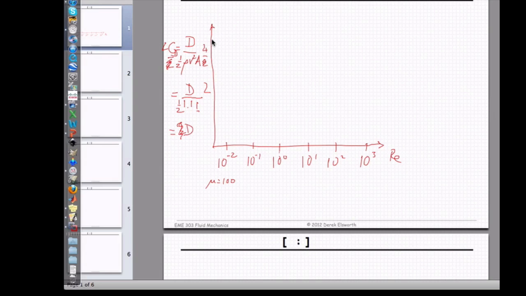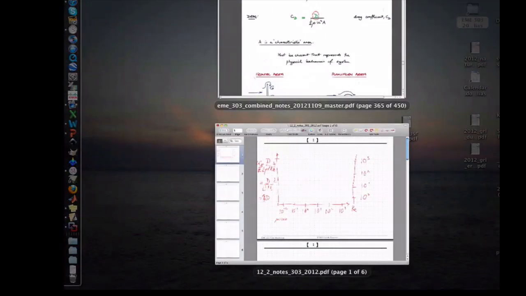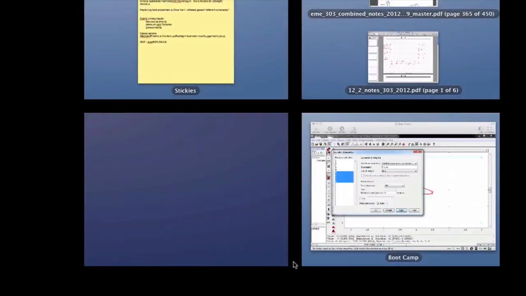We know that it starts off, I've kind of screwed up my axis, but let's do the axis over here. This is 10 to the 3, 10 to the 2, 10 to the 1. Am I going to get 10 to the 0? I may run out of space, but you'll get the idea from what we're trying to do. And we'll go back to it.